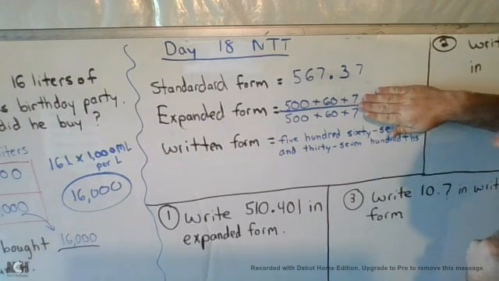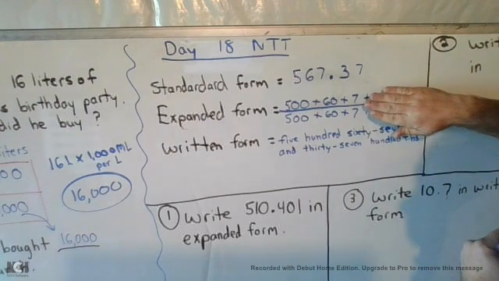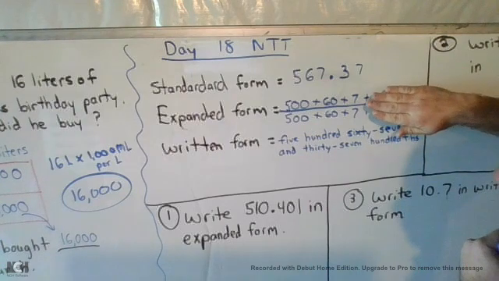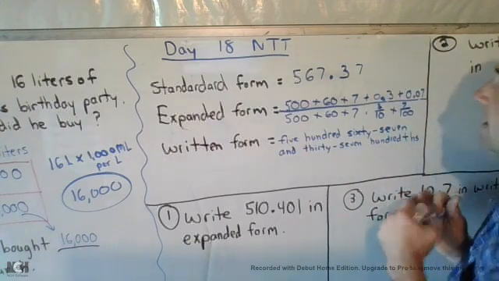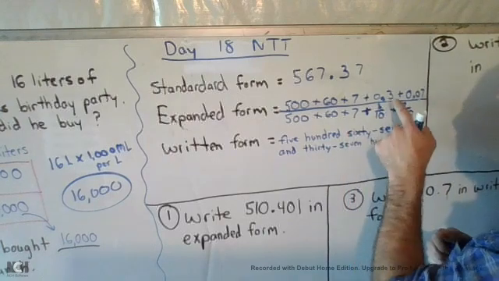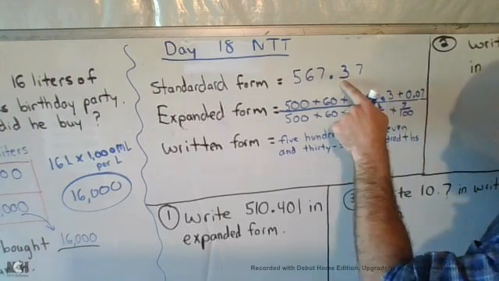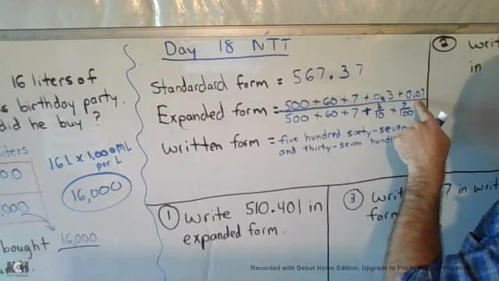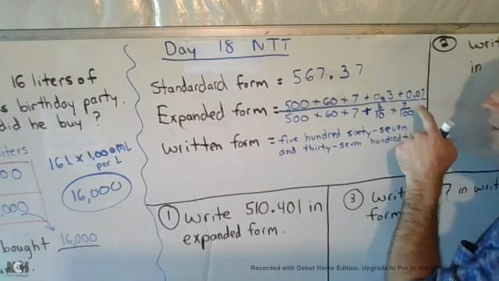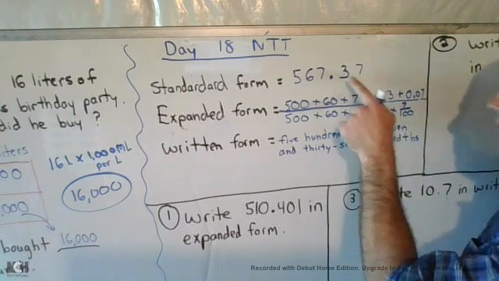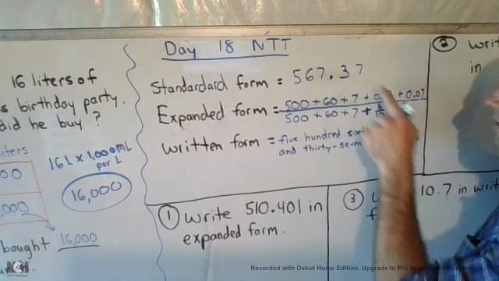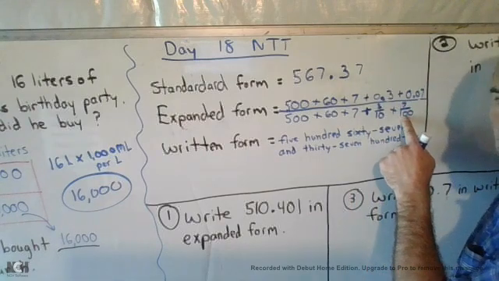It's when you get to the decimal that it looks different. Hence why it's called decimal expanded form and fraction expanded form. So when you get to the decimal, as a decimal you would write the 3 as 3/10 and the 7 as 7/100. For fraction expanded, you would write 3/10, with 10 on the bottom, and 7/100, with 100 on the bottom.